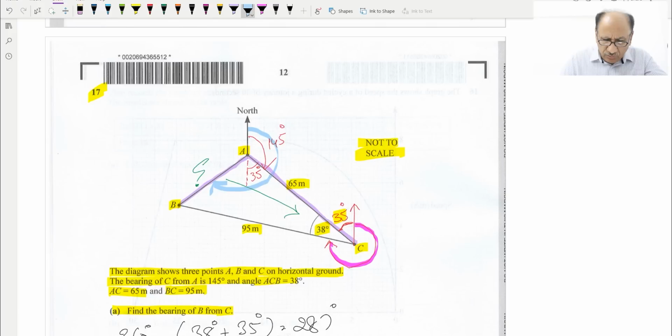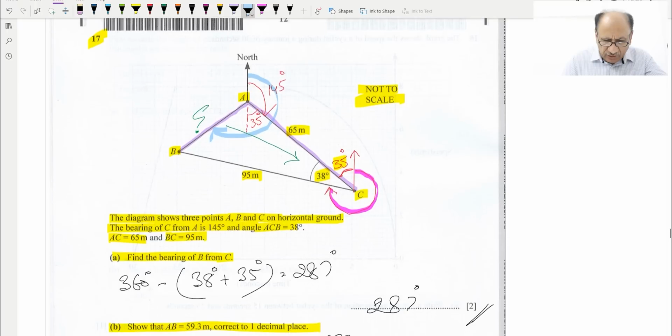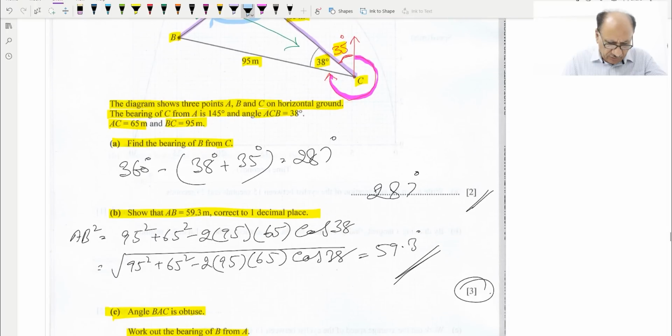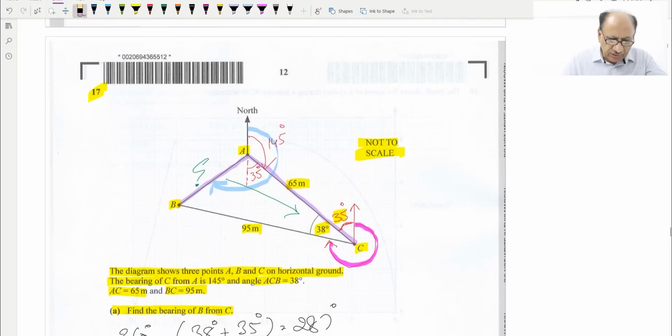So we can use the sine rule, because we have 38, so we can find the sine of that angle. We have calculated AB just now. It's not in degrees, this is the length 59.3, which we just calculated.